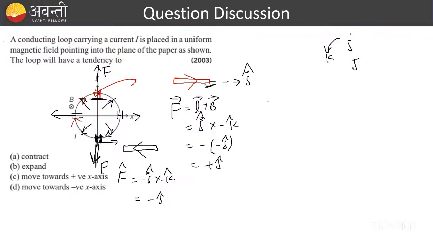So this magnetic force acting here will try to expand the wire. Done it? So what should the answer be? Expand. Move towards positive x-axis. That would happen only when the resultant of this force is towards the positive x-axis. That is not the case, right? Force everywhere is acting outward, and that is why this ring is going to expand.